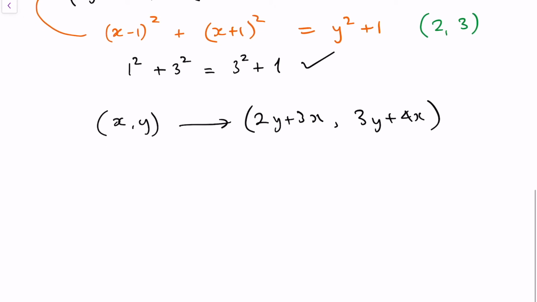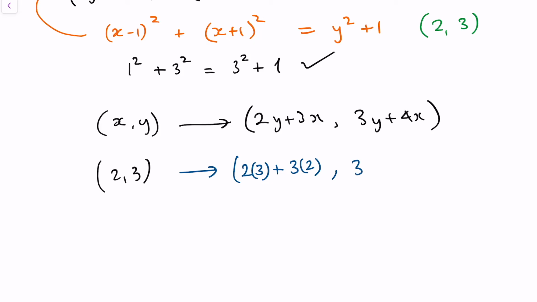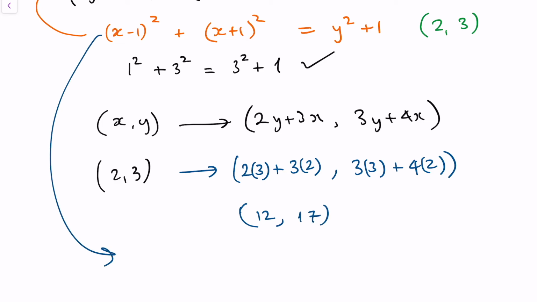So let's use 2, 3. That will correspond to 2y, so y is 3, plus 3x, and then 3y plus 4x. Let's look at these numbers. We have 6 plus 6, which is 12, and then 9 plus 8, which is 17, right? Let's test with the original equation.